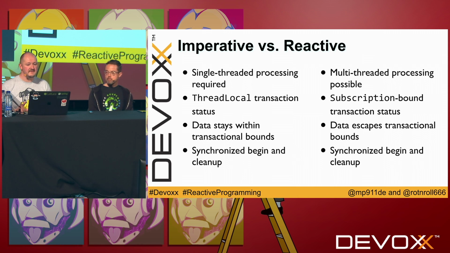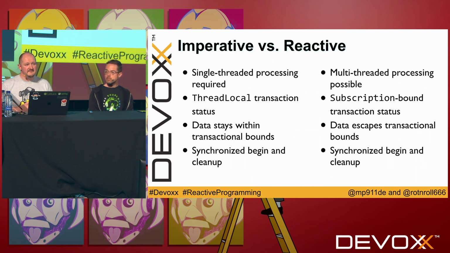And this is something that you do not really have control over, because there are certain optimizations in reactive frameworks. There are I/O threads that you do not really control from your side. And so expect that threads may change. While we have in imperative transactions this thread local binding, we have in reactive transactions this subscription bound transaction status binding.